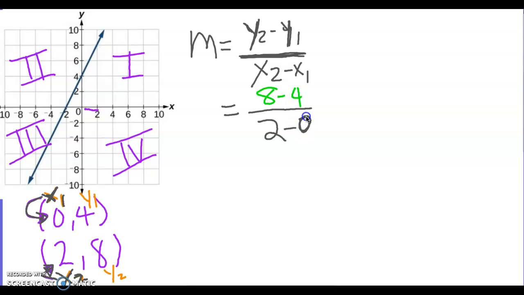Okay, so now you just have to make sure that those are labeled properly, and all you have to do is just put them into your formula. So 8 minus 4, one more time, is going to be 4. I'm going to make that a different color that stands out a little bit more. And 2 minus 0. Zion, what is that going to give me?